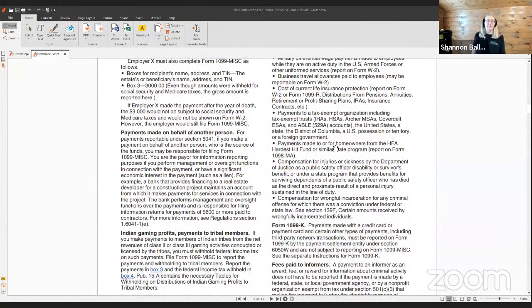Payments made on behalf of another person. For payments reportable under Section 6041, if you make a payment on behalf of another person who is the source of the funds, you may be responsible for filing Form 1099-MISC. You are the payer for information reporting purposes if you perform management or oversight functions in connection with the payment or have a significant economic interest in the payment, such as a lien.